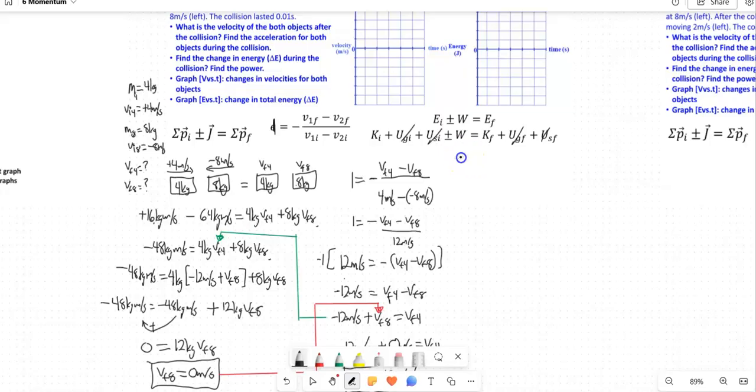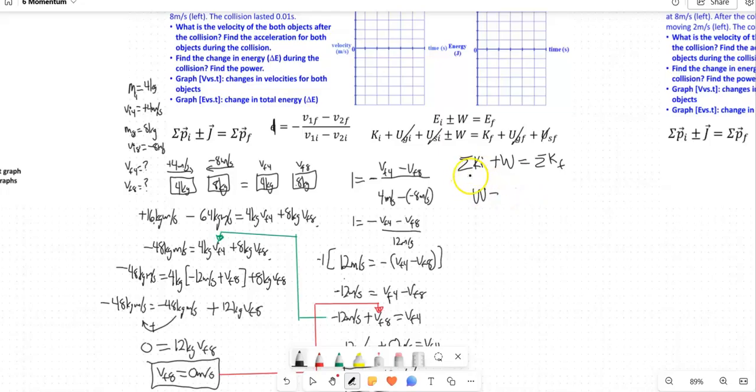So what we're going to do is sum up the initial kinetic energies, plus work, and set it equal to the final kinetic energies. So work is going to be equal to the change in kinetic energy.